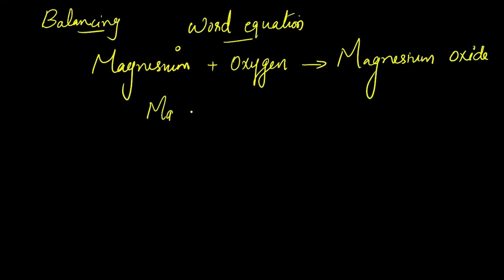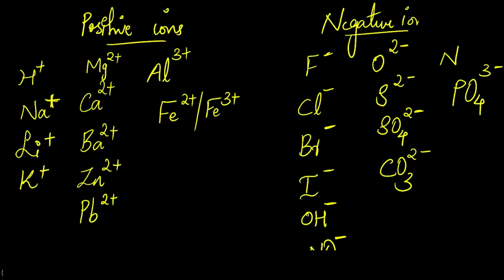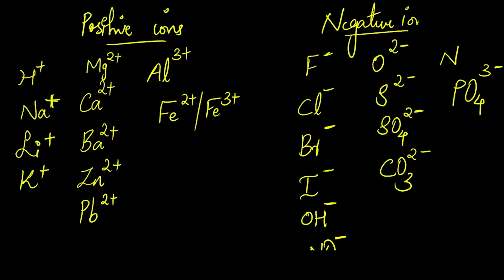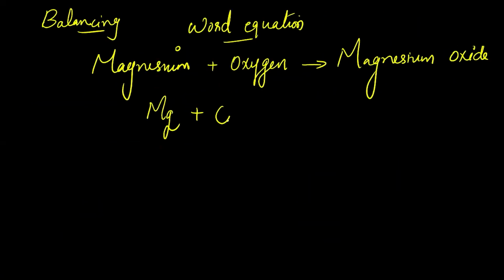So Mg plus oxygen. I told you that whenever oxygen is sitting alone, you have to put a, how? It is a diatomic, right? So O2 you have to write. O2, okay? So oxygen is O2 and put the arrow.